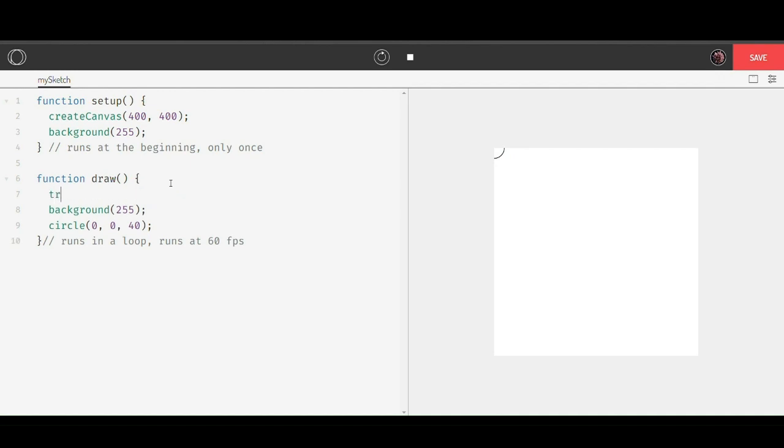However, if I translate my canvas by width divided by 2 and height divided by 2, it is going to get redrawn at the new origin, which is going to be the center of my canvas.